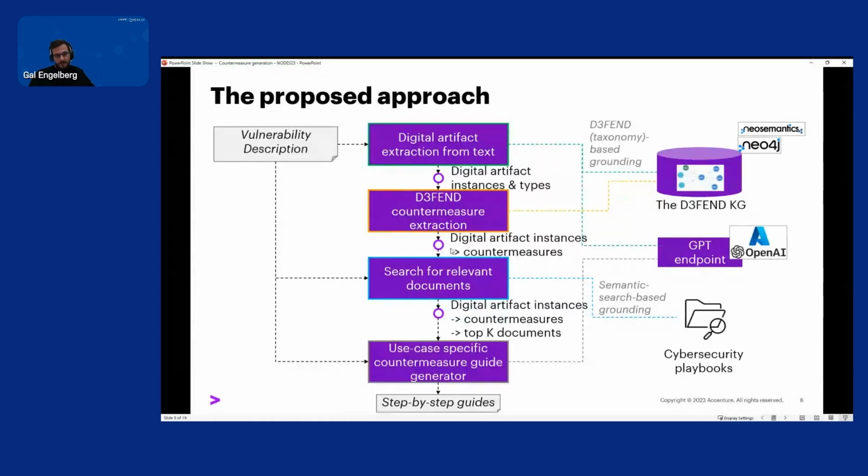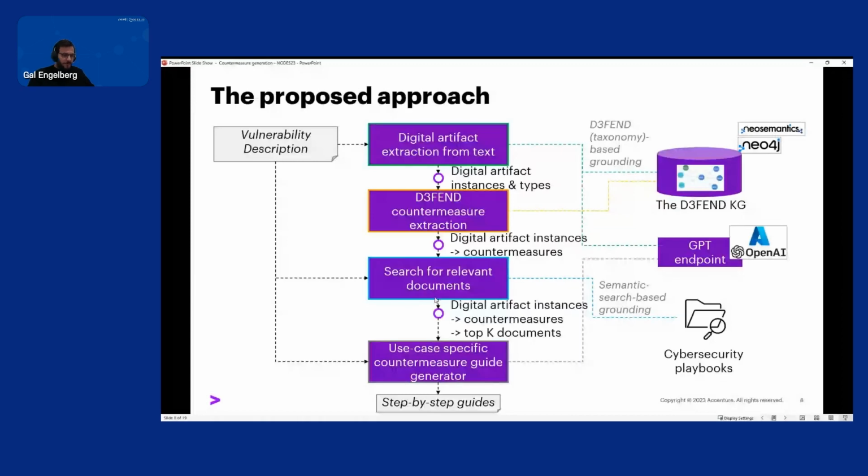Then at that point we have the digital artifact instances and the corresponding countermeasures. And then we search for relevant documents using semantic search-based grounding. Okay, so basically we are searching different cybersecurity playbooks and documentation for relevant information that we can use in order to generate the use case specific guides.